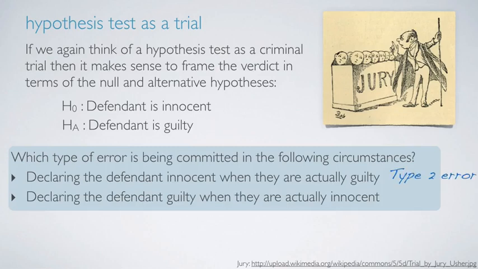Indeed, that is a type 2 error. And the converse of that is declaring the defendant guilty when they're actually innocent. So in this case, we have rejected the null hypothesis in favor of the alternative when the null was true, and that is the definition of a type 1 error.